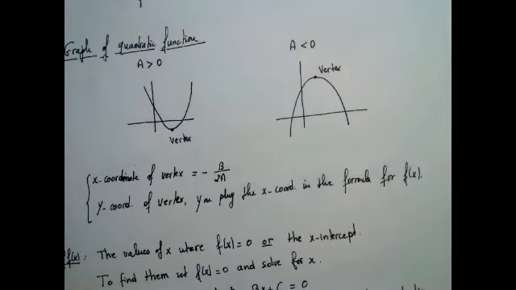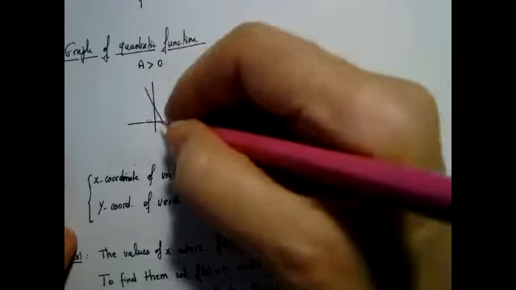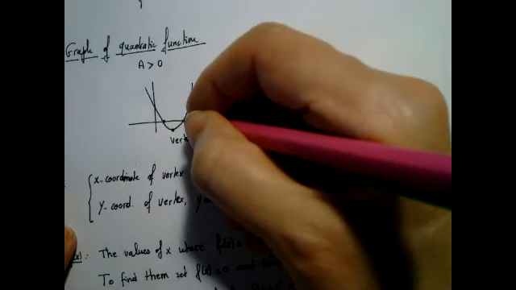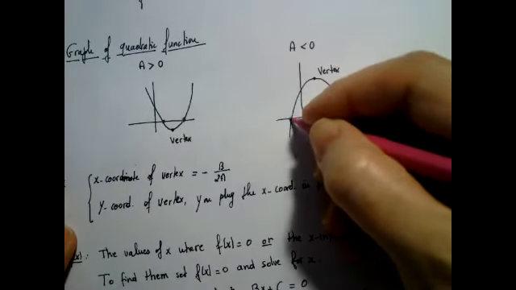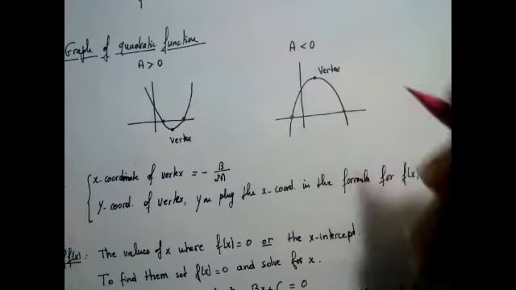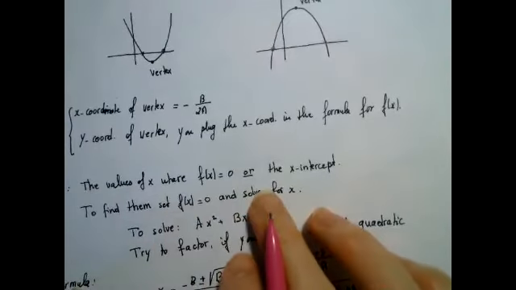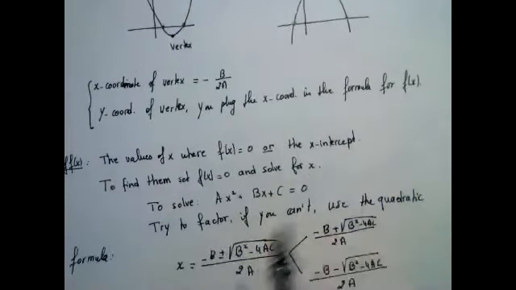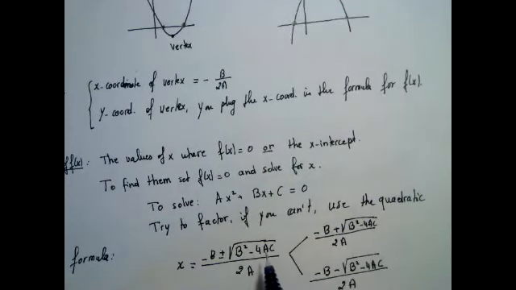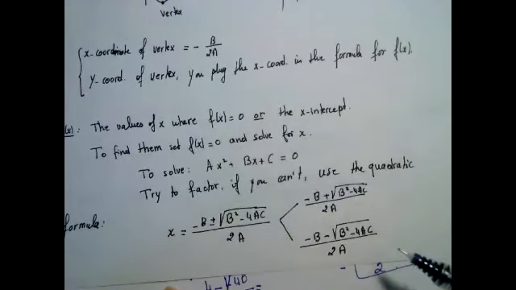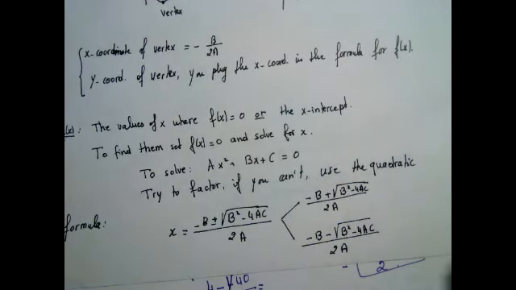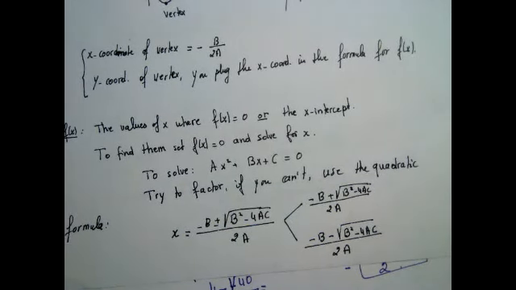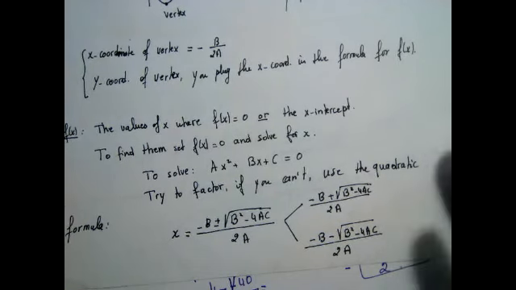The second question we are interested in is the zeros of the quadratic function, meaning when does it hit the x-axis? To find the value where f of x equals 0, we need to solve this quadratic equation. You try to factor it. If you can't, you have to use the quadratic formula. That's everything we have so far about quadratic functions.